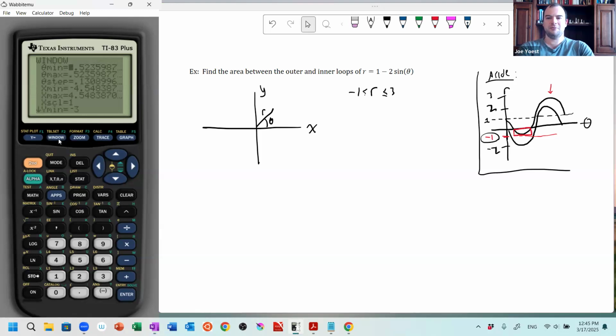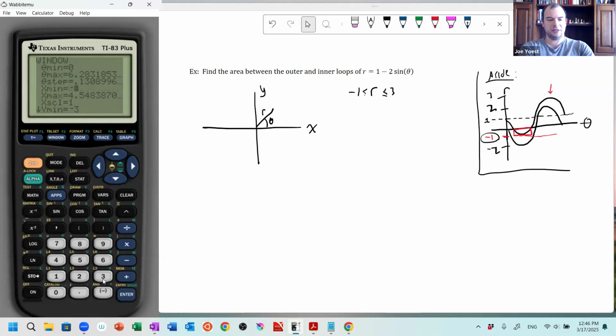But let's just start off by getting an idea of what this is going to look like. Also, this is 2 pi periodic. Let me let theta go from 0 to 2 pi. Again, my theta step, if yours is some wonky number, just set it to 0.1 or so. And I think I'm just going to go from -3 to 3 on both axes.